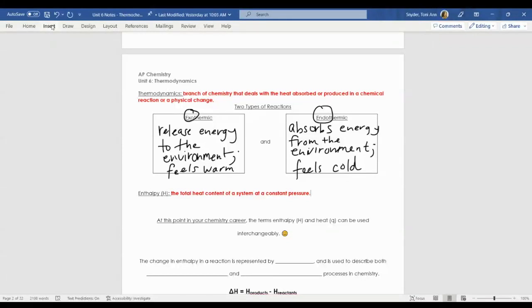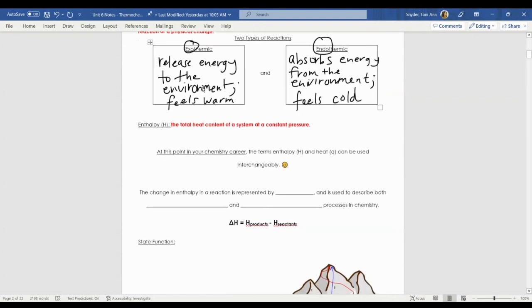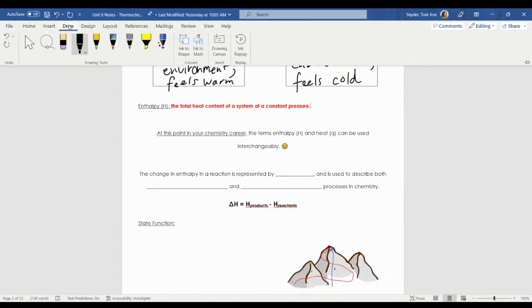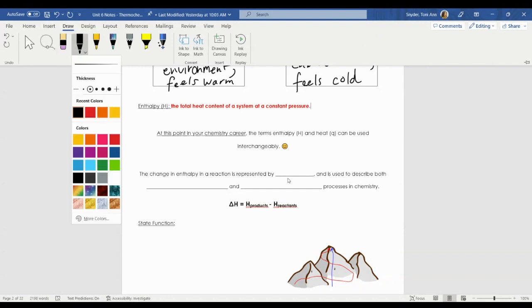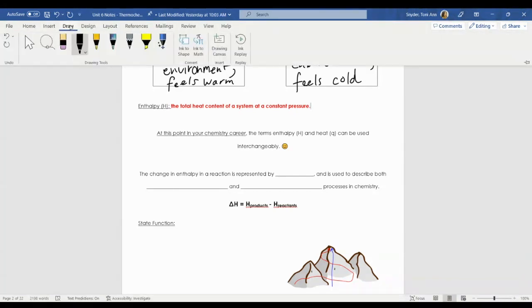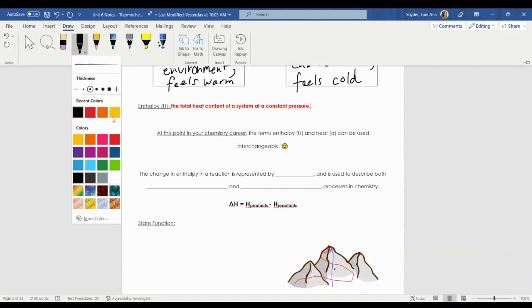You wouldn't get to the difference until you get to college level physical chemistry classes, which are like 400 level classes, which I'm sure many of you wouldn't have to take unless you're actually majoring in chemistry. So the change in enthalpy of a reaction is represented by delta H. You might remember that whenever we use the change in something, the change is always represented by the triangle.